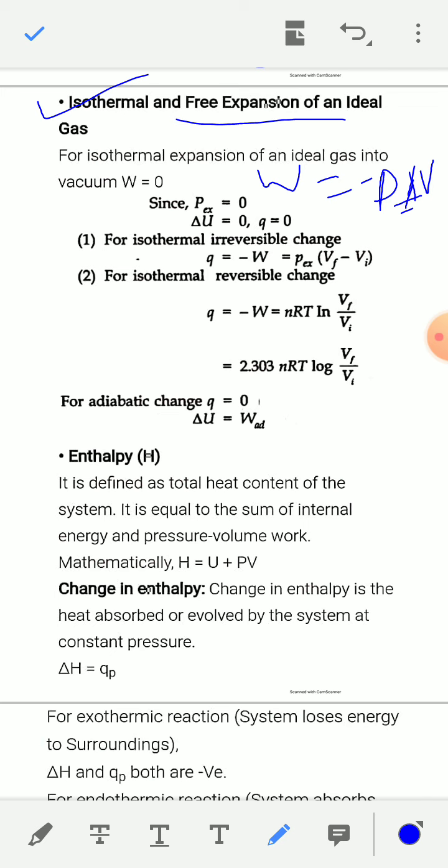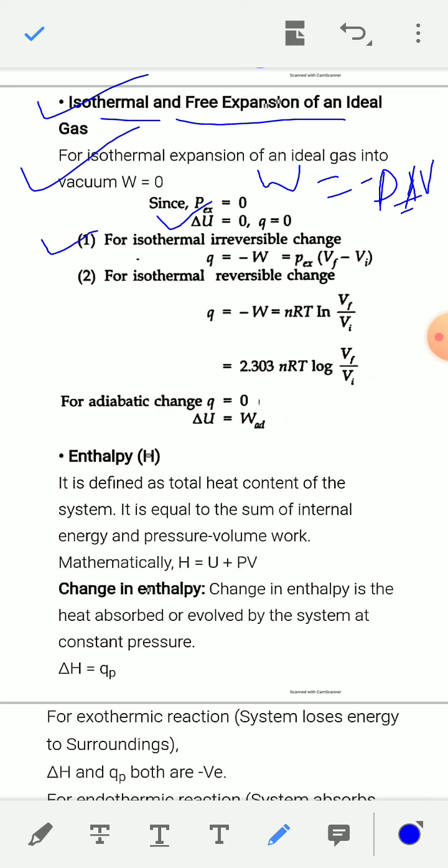As the process is isothermal, temperature remains constant, and there is no change in internal energy. So in case of isothermal free expansion of ideal gas into vacuum, W is equal to 0, because external pressure is 0.